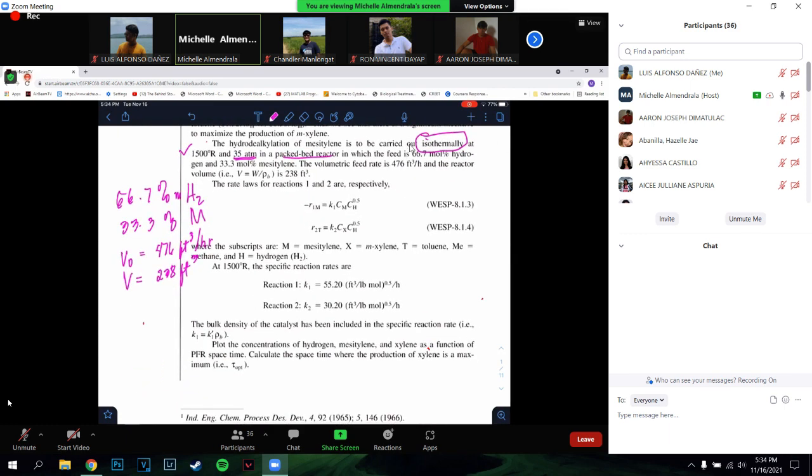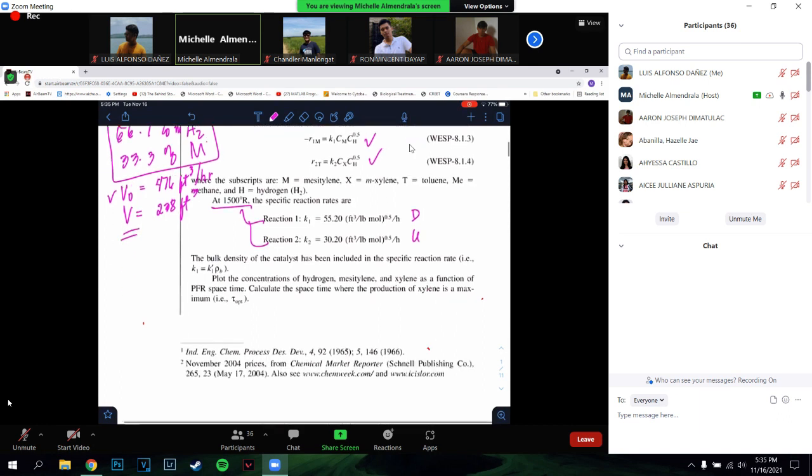So this is the feed composition, this is the flow rate, and this is the volume of the reactor. Take note of those quantities. The rates of the reactions are already given, and the rate constants K1 and K2 at 1.5 are given for the two reactions, the desired and the undesired.